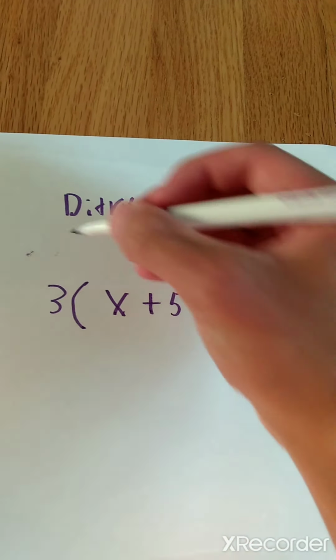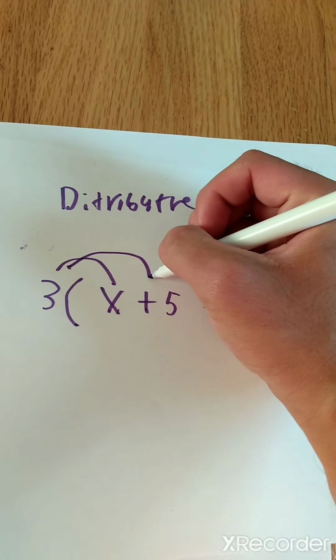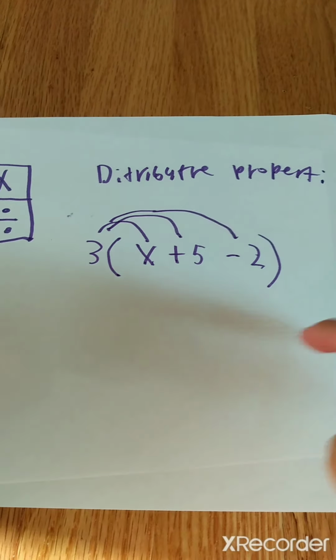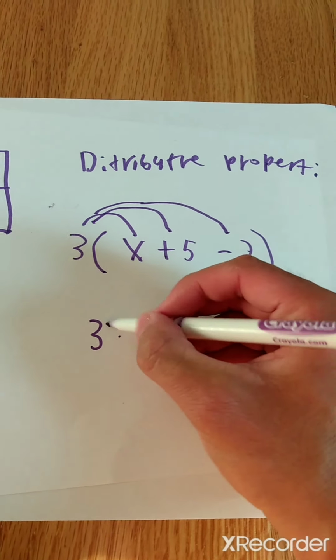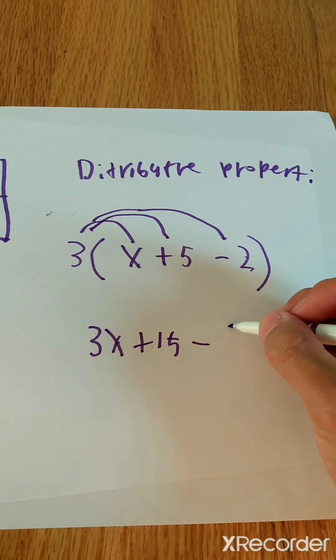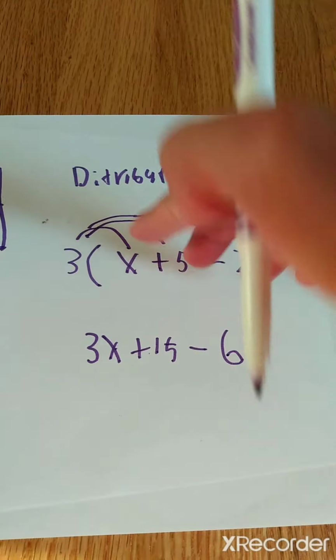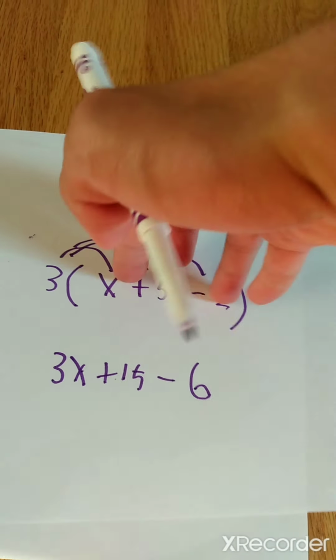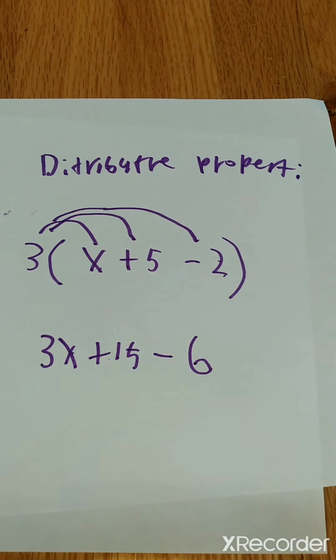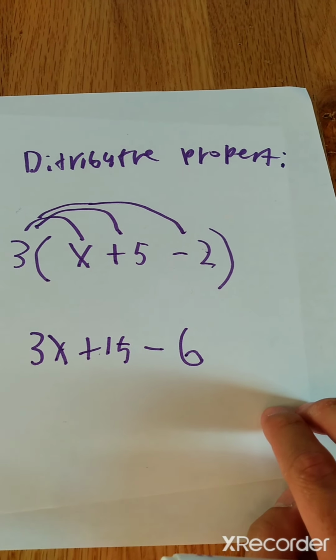So what we're going to do is have that 3 multiplied by everything in the parentheses. And when we do that, we got 3x plus 15 minus 6. See how we multiplied all the numbers in the parentheses at the same time? So this is actually going to be really helpful in algebra.